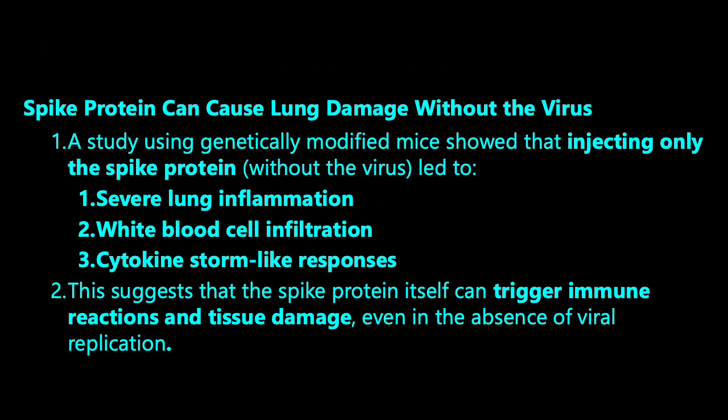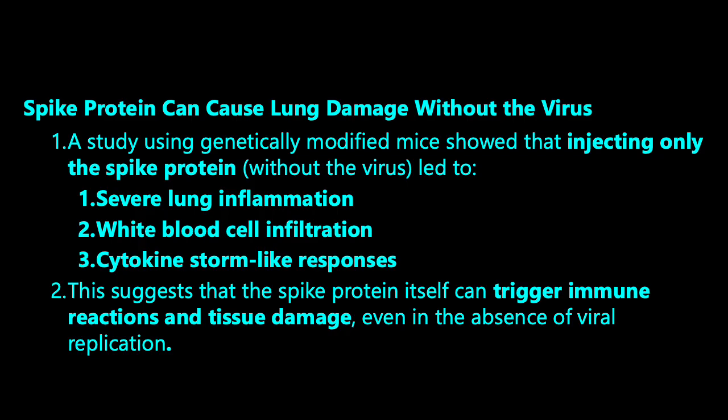Spike protein can cause lung damage without the virus. Okay, this is where the spike protein is active even if there is no virus. The spike protein is not desirable in large quantities in the body.